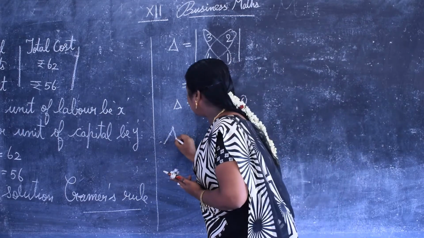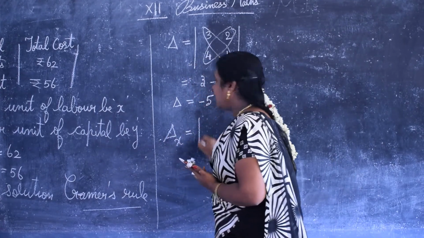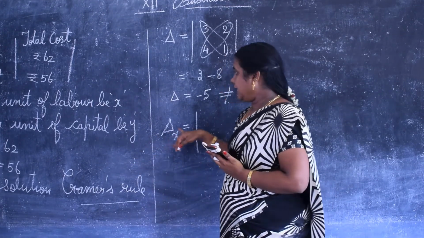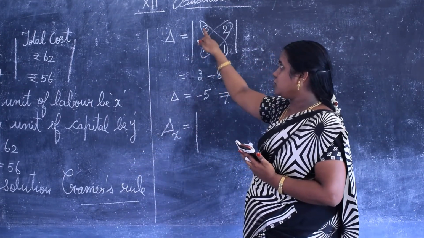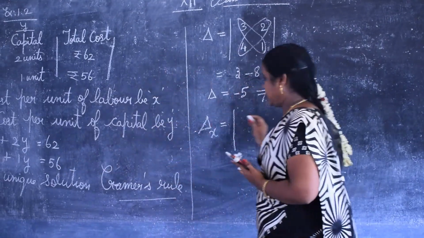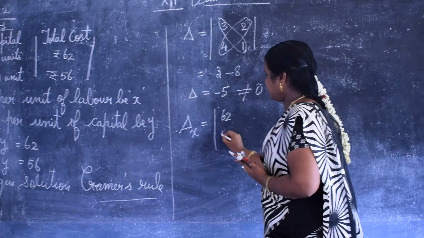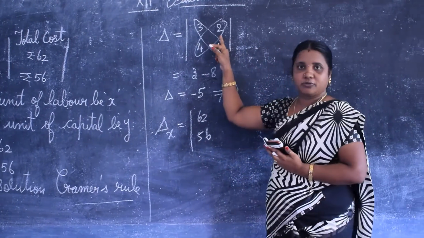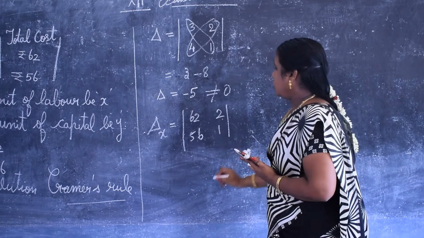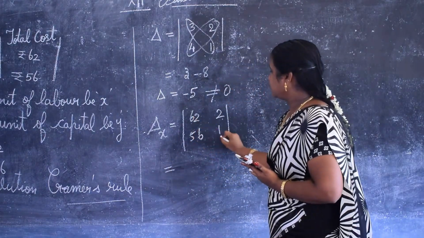Now find the delta x value. I have already explained everything in the last class. For delta x, in the place of the coefficients of x, you write 62 and 56. Write the coefficients of y as they are. Now again cross multiply.